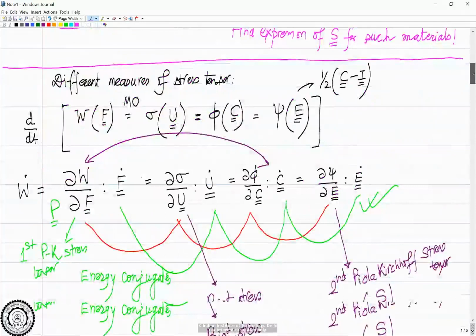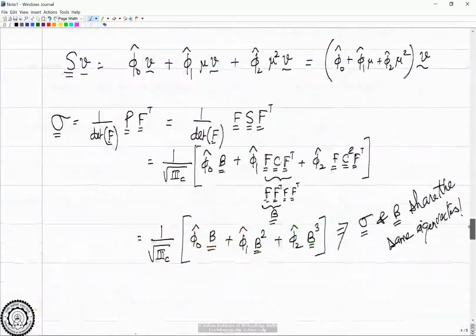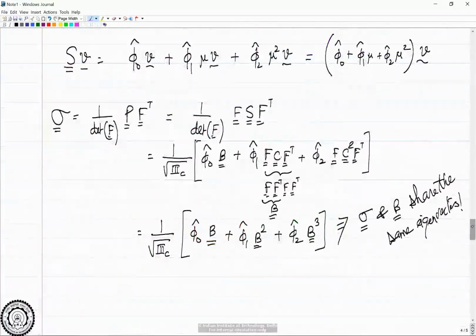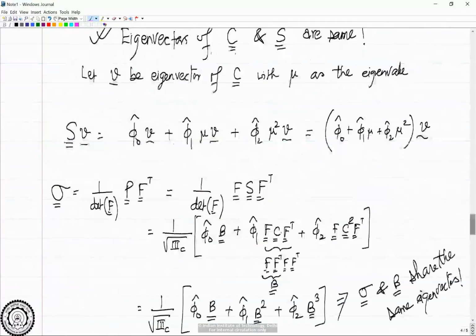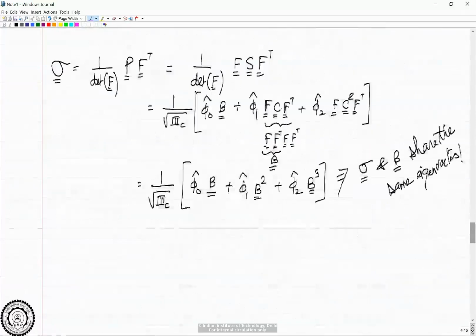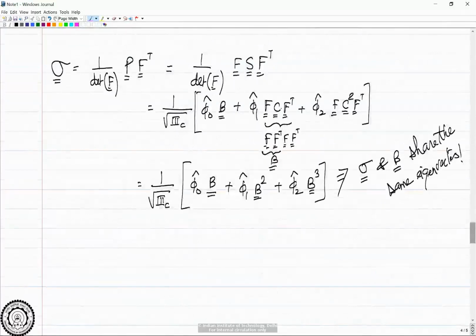Do you recall from your second year undergraduate solid mechanics course what the expression for sigma was for an isotropic material? So sigma, we wrote it as lambda times trace of epsilon into identity plus 2 mu into epsilon. Can you recall this?